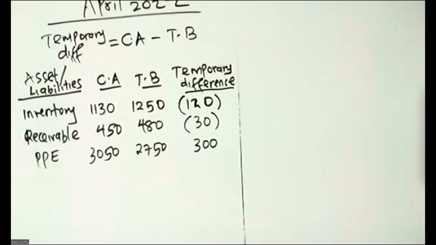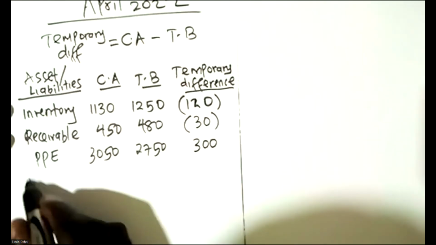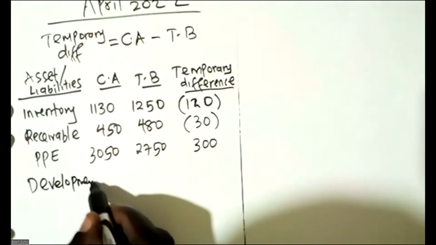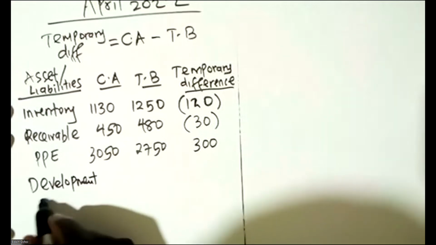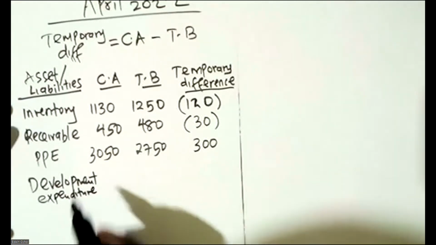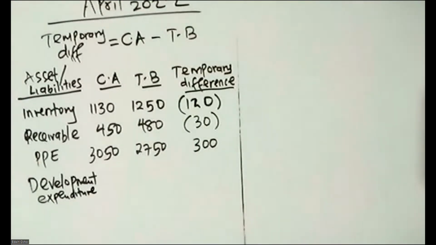So let's record that development expenditure. Remember that it's an intangible asset. Why am I calling it an asset? Because it's just an expenditure which was incurred prior to the formation of an entity.